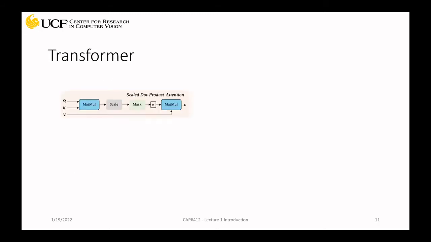So the transformer components: the first one is self-attention. We have query, key, value. We multiply these, scale it to normalize, and sometimes we mask some, but right now you can ignore this. Then we multiply this attention with a value, and we get a better representation.